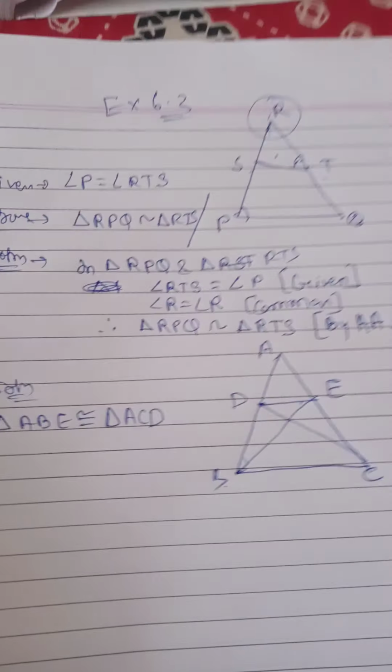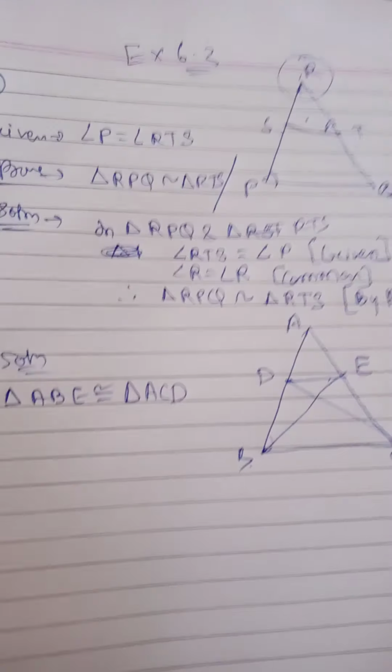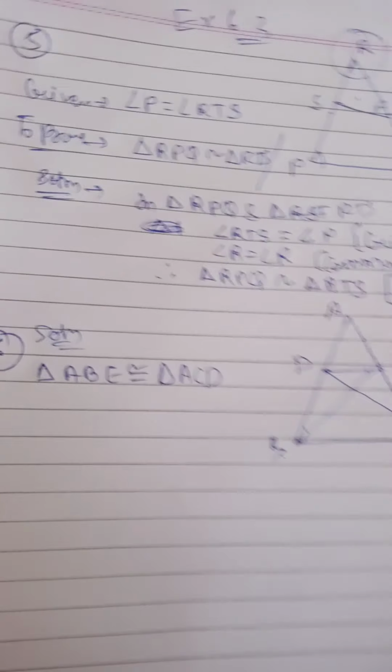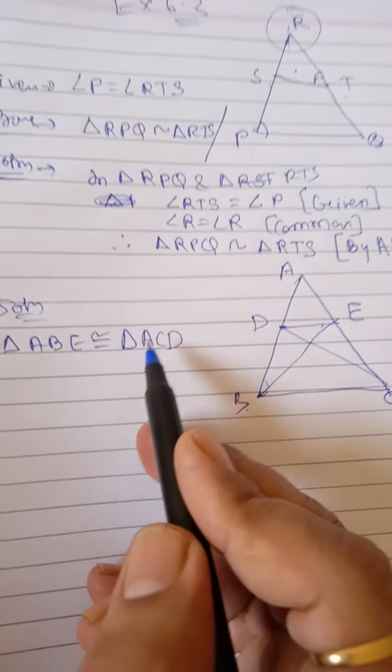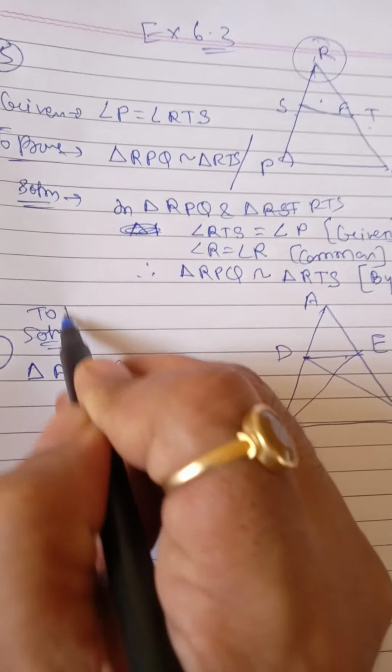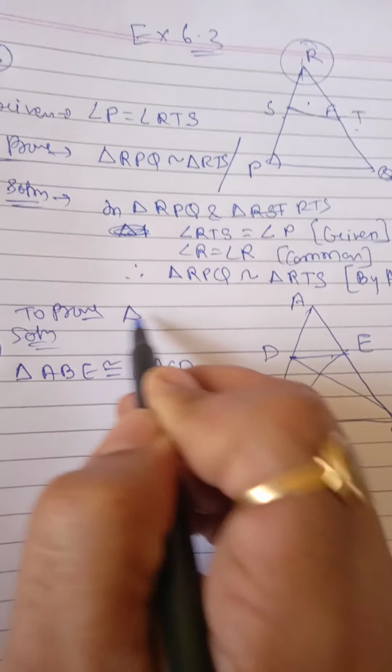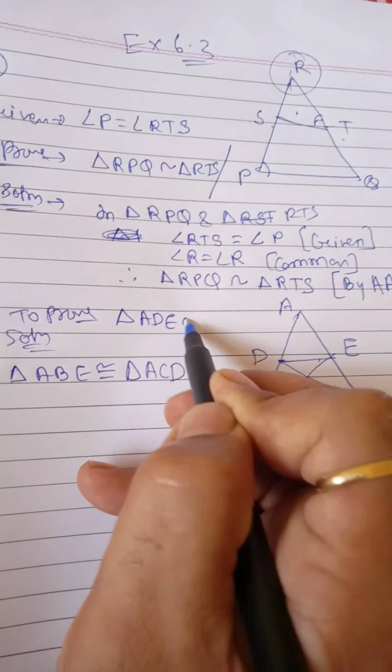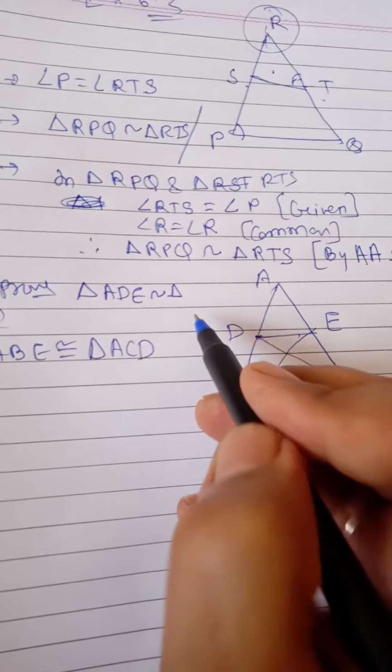Just identify where ABE and ACD are. Okay, and on the basis of that, what you have to prove here? You have to prove that triangle ADE is similar to triangle ABC, the whole triangle.